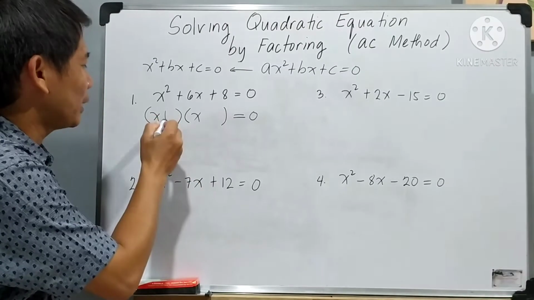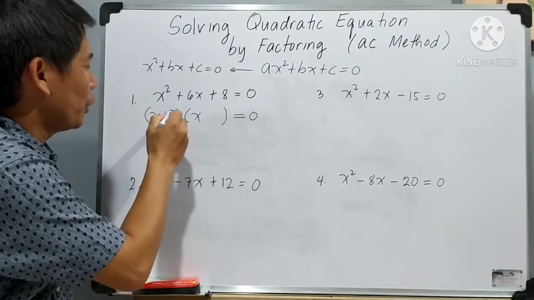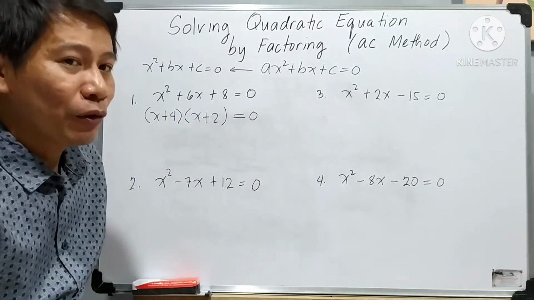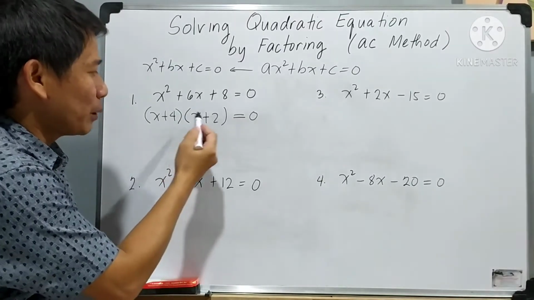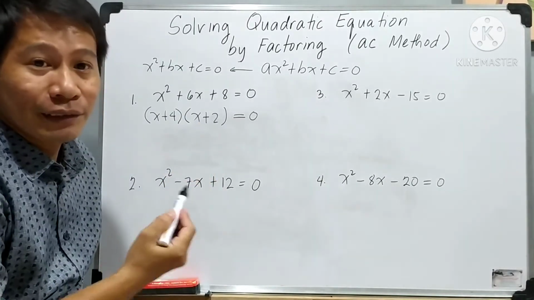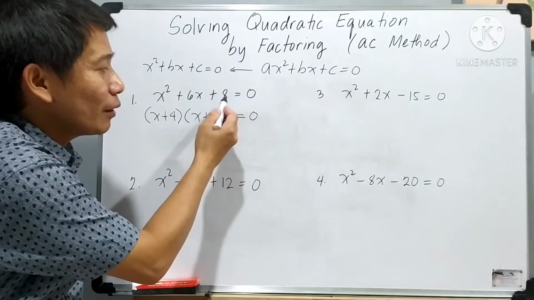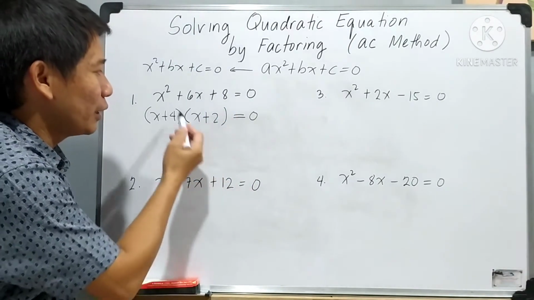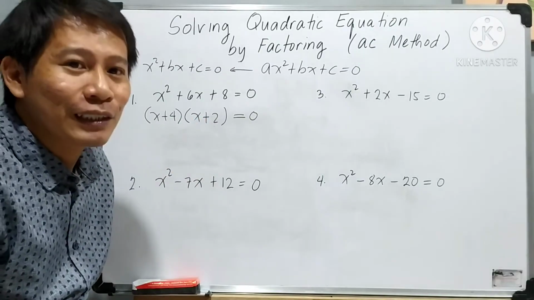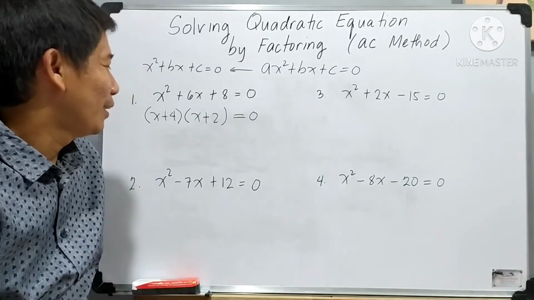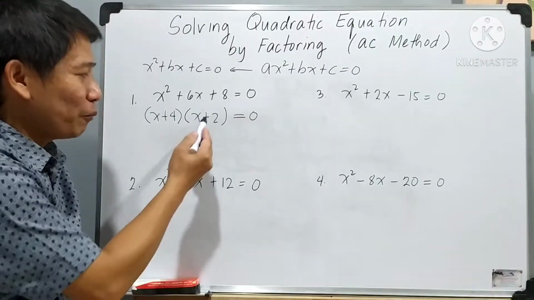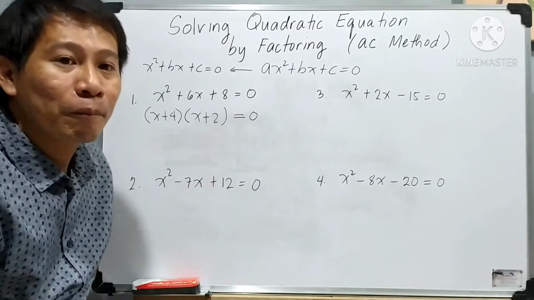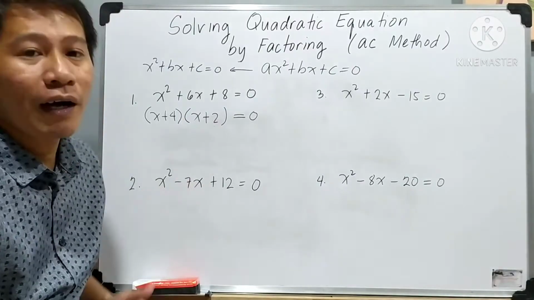So we have your positive 4 at saka positive 2. Bakit po? Positive 4 times positive 2, the answer is positive 8. So pag pinag-add naman natin, positive 4 plus positive 2, ang magiging sagot ay positive 6. So yun ang kondisyon. So pwede kong magbaliktad dito. Pwede nandito yung positive 2, nandito yung positive 4. So that's the correct factors.